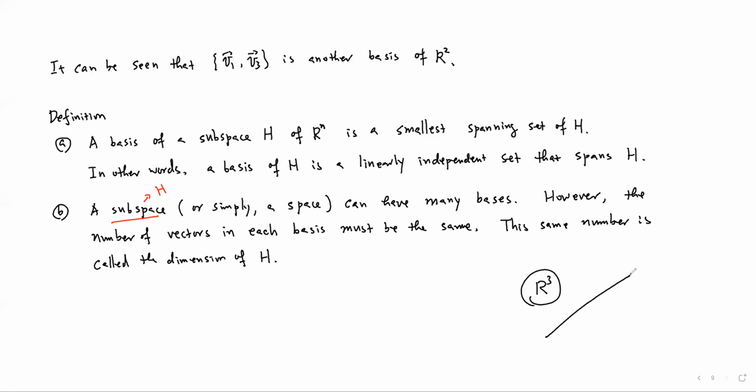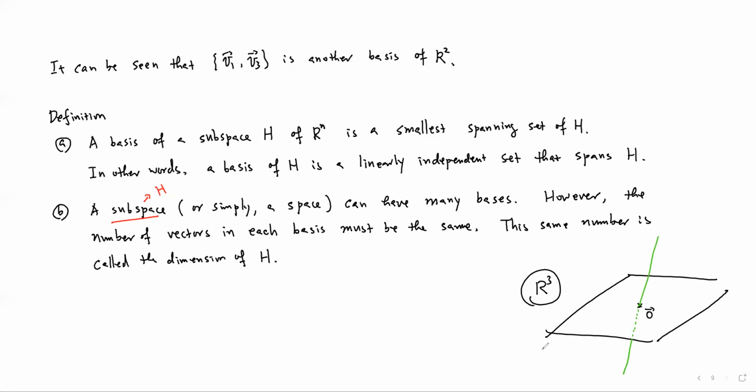A plane in R3, a plane through the origin, can be spanned by two vectors. A basis of a plane has two vectors. So a plane is a two-dimensional space. A line through the origin in R3 can be spanned by one vector.